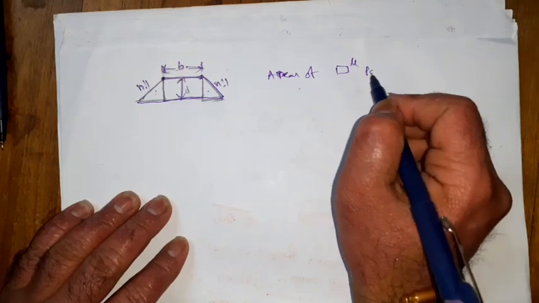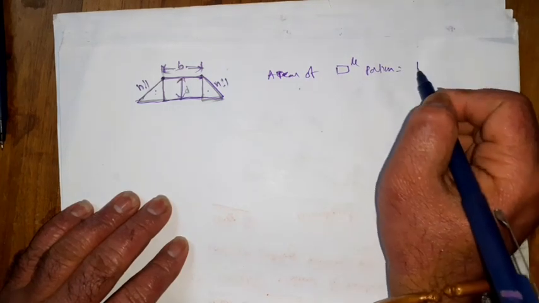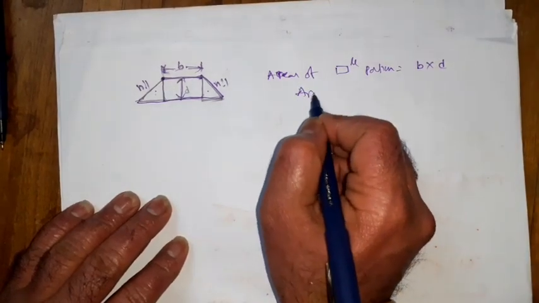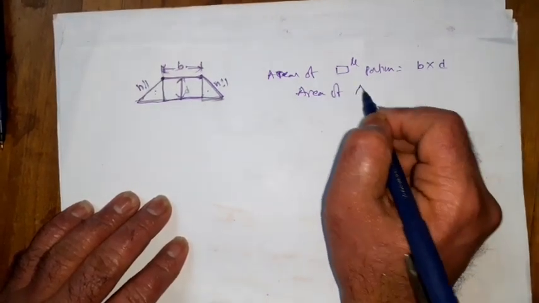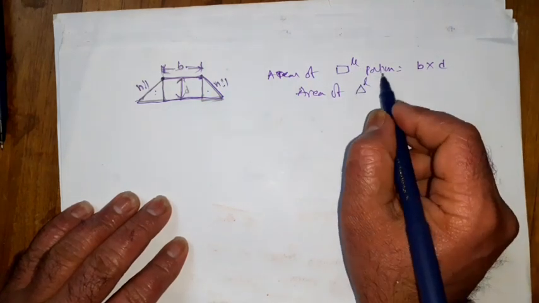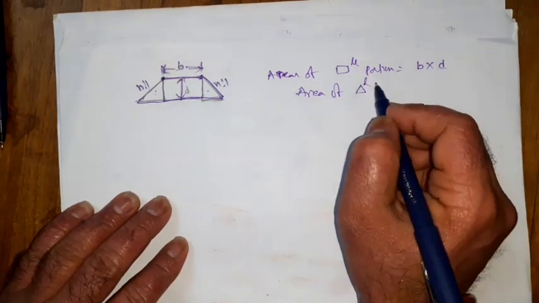Area of the rectangle portion is B into D.